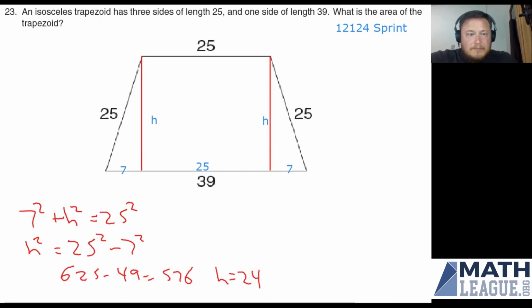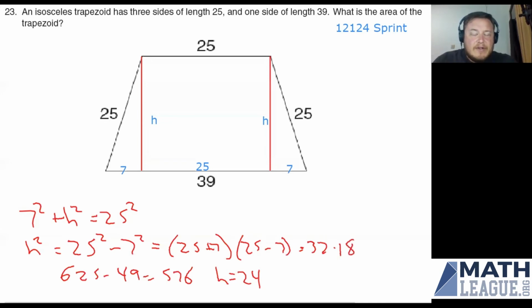Another thing you should know is that 25 squared minus 7 squared is the same thing as 25 plus 7 times 25 minus 7. 25 plus 7 is 32, 25 minus 7 is 18, and we have 32 times 18. h is going to be the square root of that. Either way, 32 times 18 is 576 as well, so that'll get you to the same place. 576 is h squared, so h is 24.